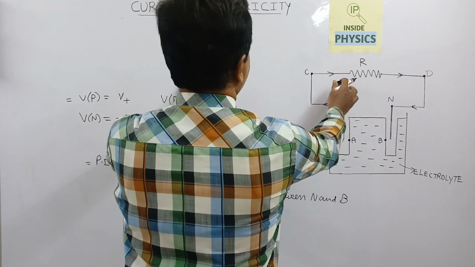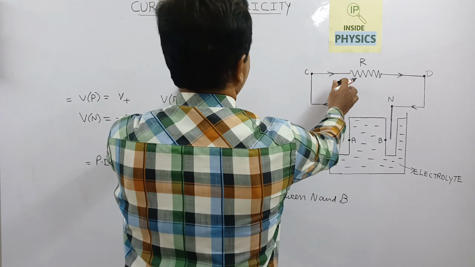Okay, so if you take this term to the right side, it will be epsilon is equal to Ir plus V, where V is equal to IR.